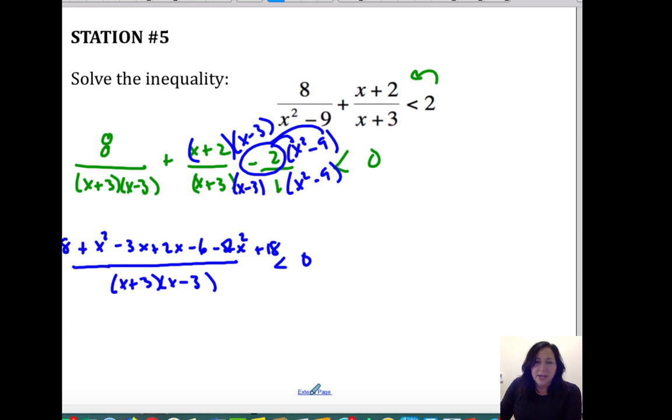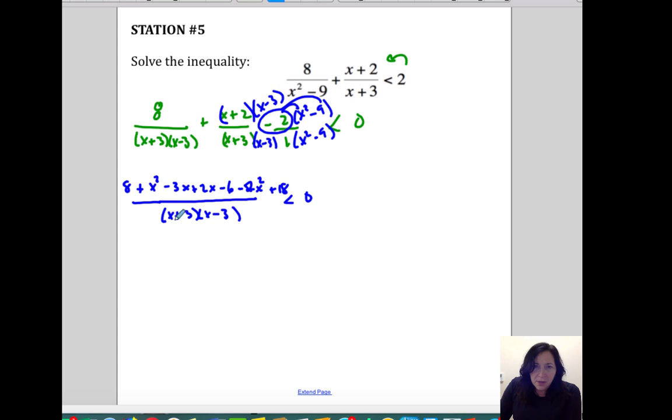So what it looks like to me for this problem is I've got 1x squared minus 2x squared, which is negative x squared. So those are gone. And then I've got a negative 3x and a positive 2x, which makes minus 1x. Then I've got an 8, what's that, 18? Minus 6. So that's 2 plus 18 is 20.